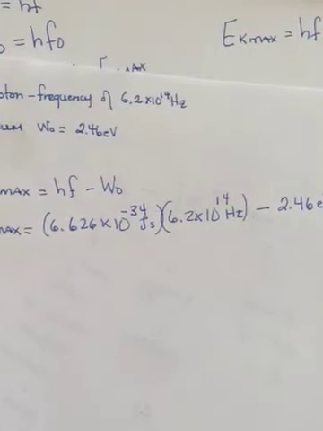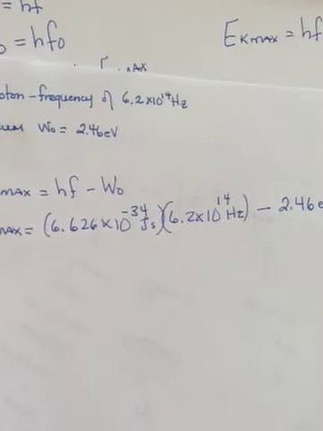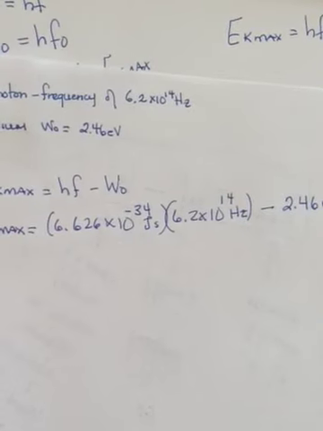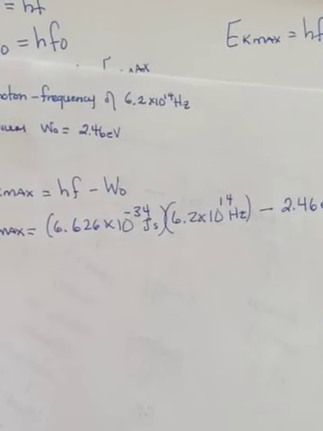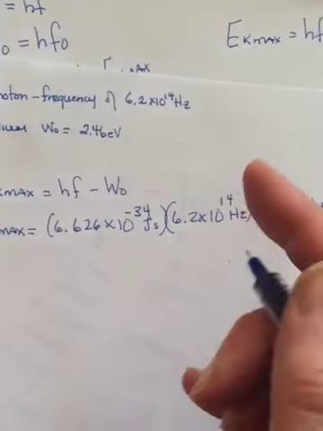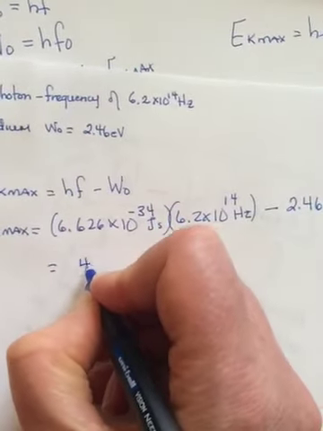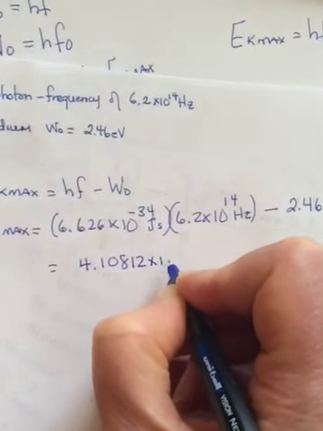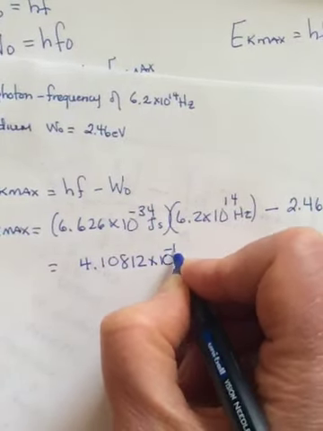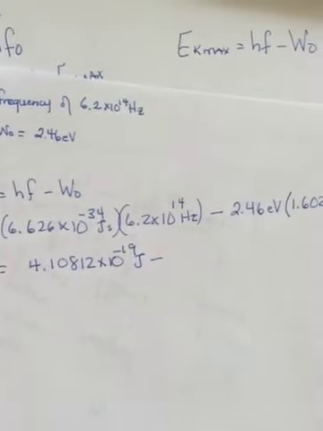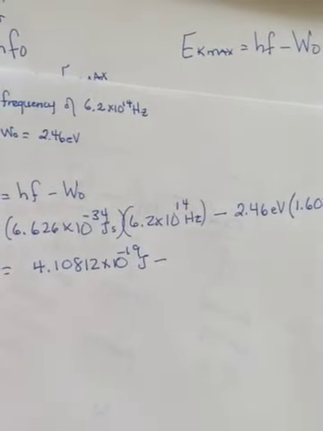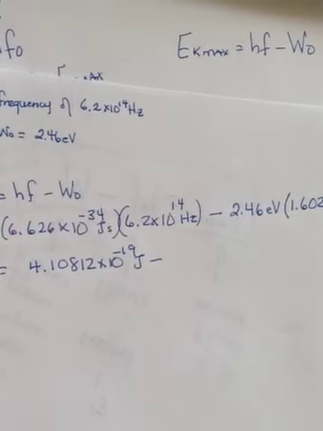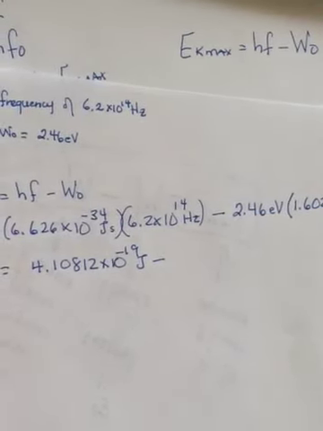So 6.626 times 10 to the negative 34 times 6.2 times 10 to the 14th gives me 4.10812 times 10 to the negative 19 joules, minus 2.46 times 1.602 times 10 to the negative 19.